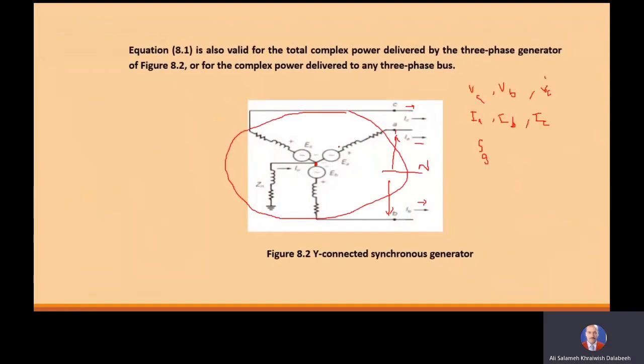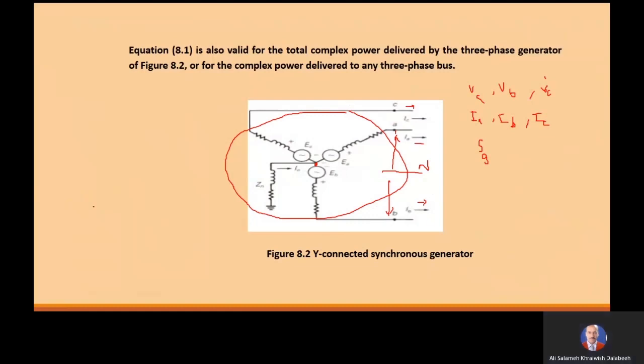Now, the system, as you see, is a generation system, like the three-phase system of load.